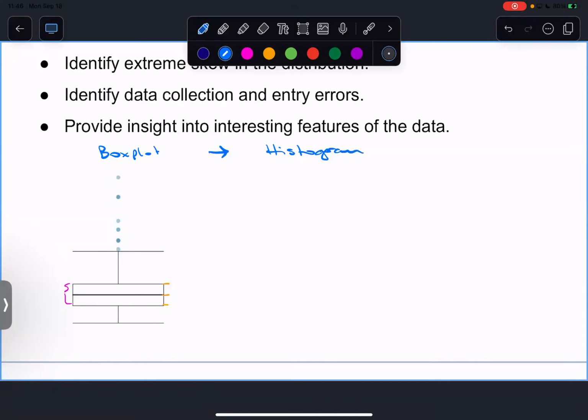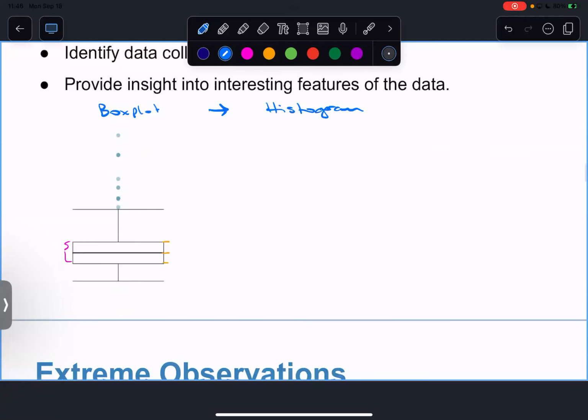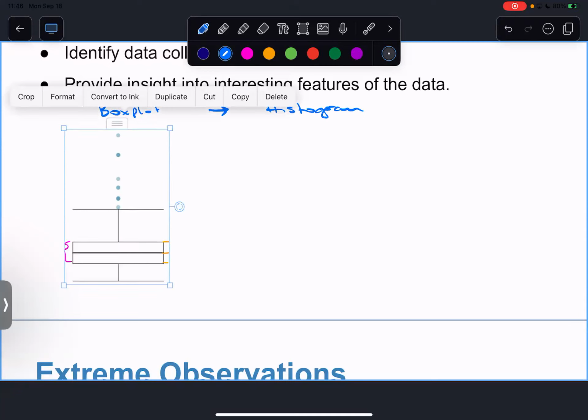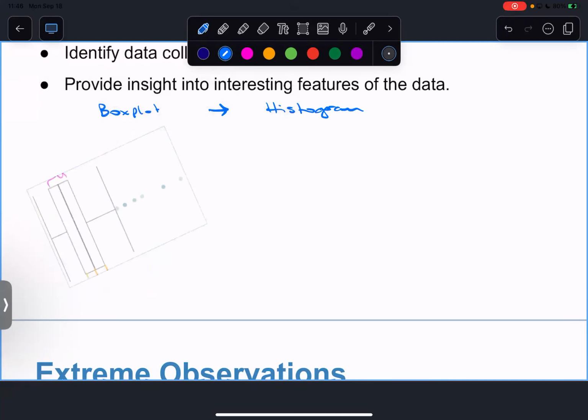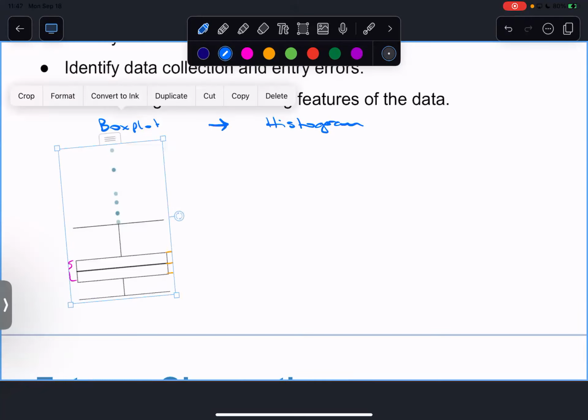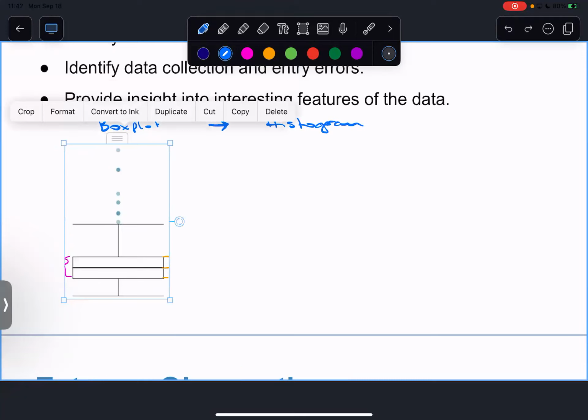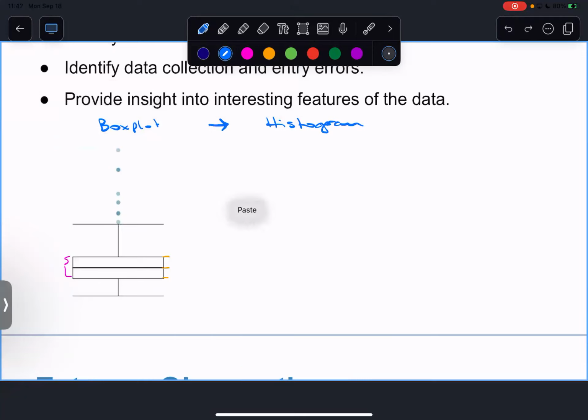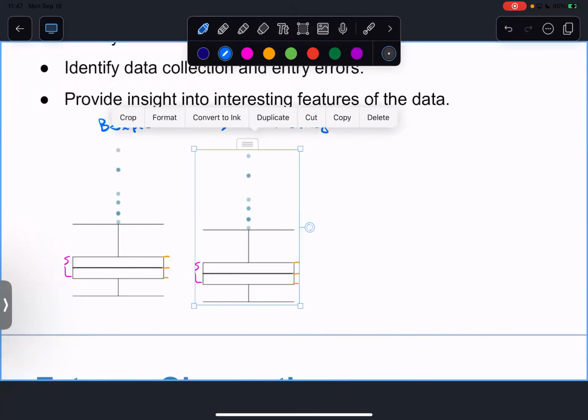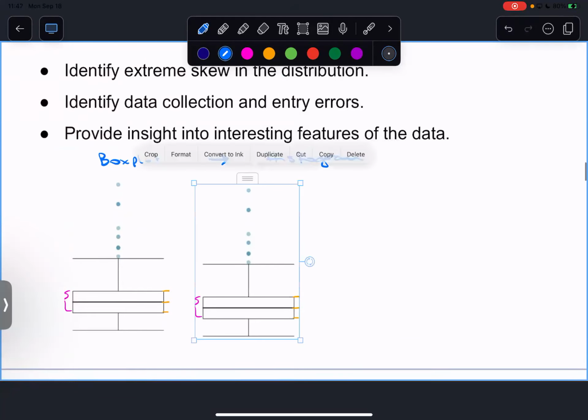Because the histogram looks like this, so it's flipped on the other axis, what's my first step? Well, first thing I'm going to do is rotate this thing. Or maybe I'll keep this and make a copy. Copy. Paste. Rotate.